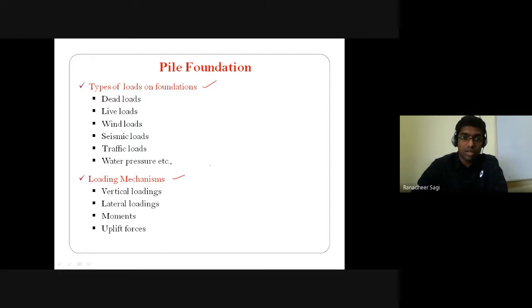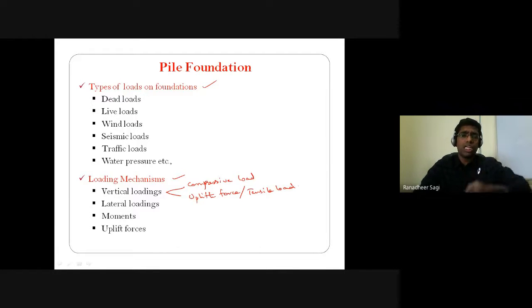So this vertical loading refers to two types of cases: one is the vertical compressive load and the other is the vertical uplift force, or tensile load, which tries to lift your foundation in the upward direction.